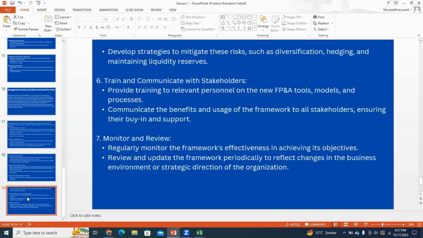At the last, we have monitor and review. This comes under the auditing process, the internal auditing process and the external auditing process. Regularly monitor the framework's effectiveness in achieving its objectives. It is the primary responsibility of management to regularly monitor whether the framework has changed or can be updated according to our requirements.